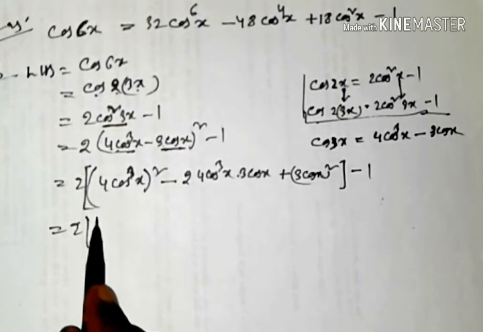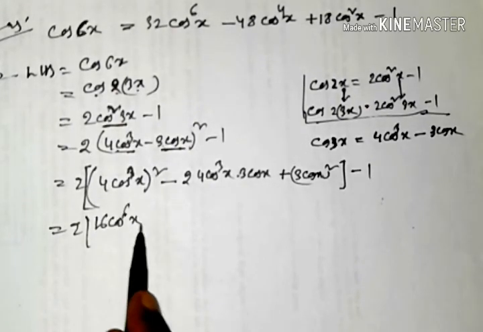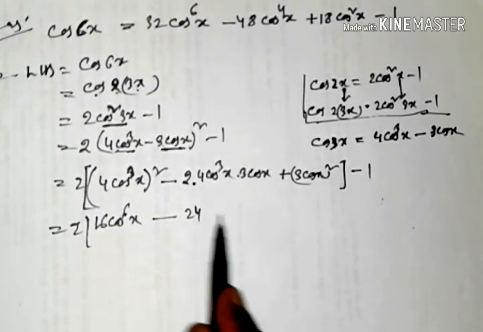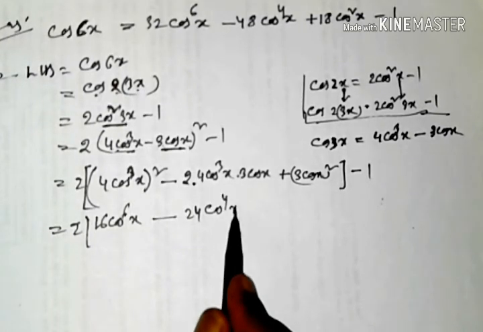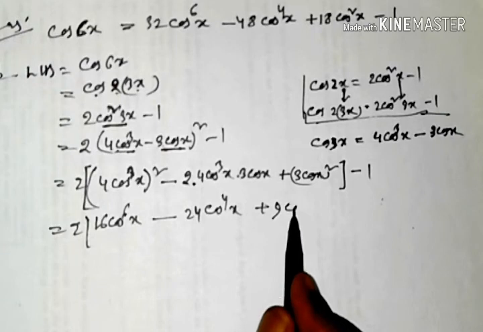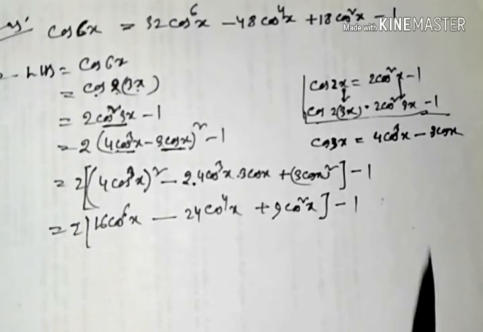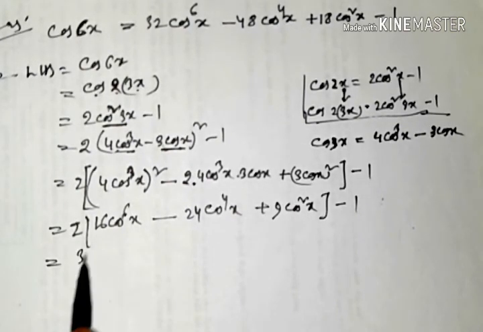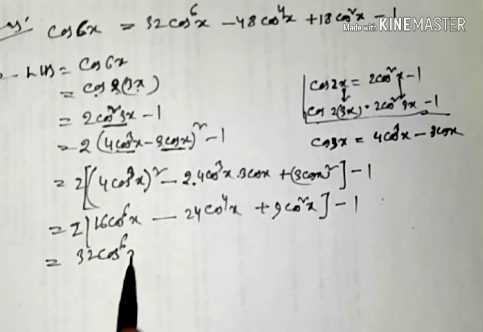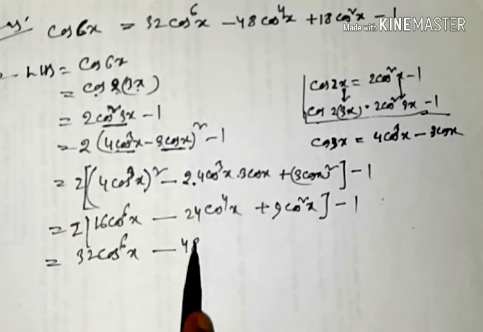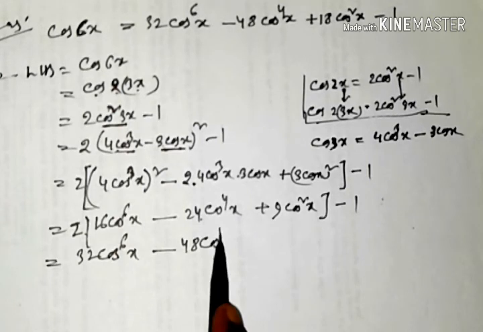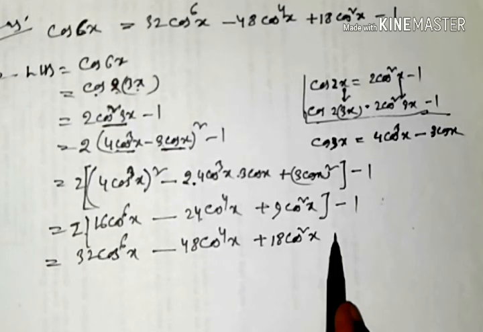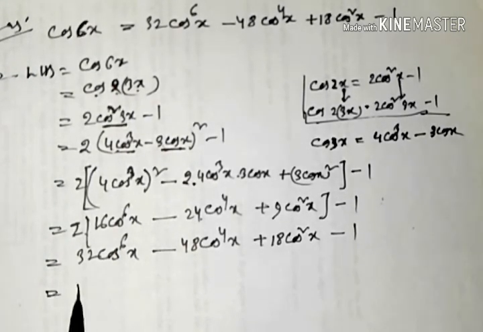This is 16 cos to the power 6x, minus 2 times 4 times 3, 24 cos to the power 4x, plus 9 cos square x, minus 1. Now we multiply with 2 here: 2 times 16, 32 cos to the power 6x, minus 48 cos to the power 4x, plus 18 cos square x, minus 1. This is RHS.